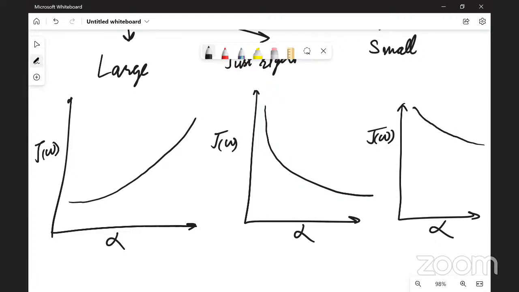The x-axis should be number of iterations, right? You're absolutely right. Yes, I made this mistake. This should be number of iterations.